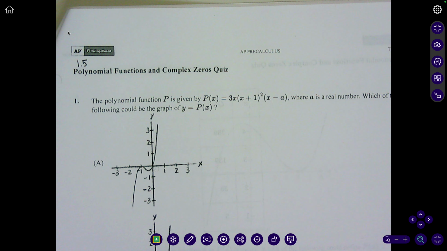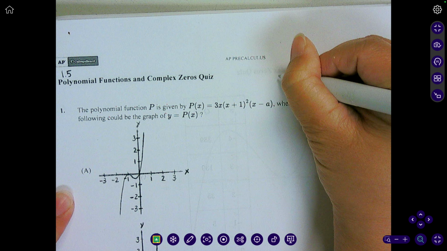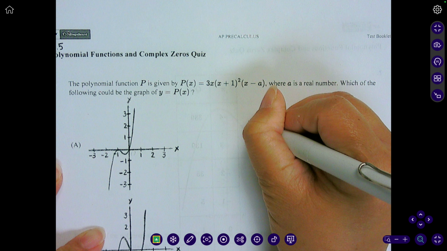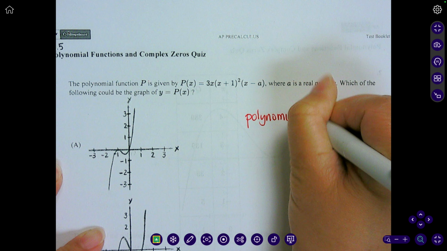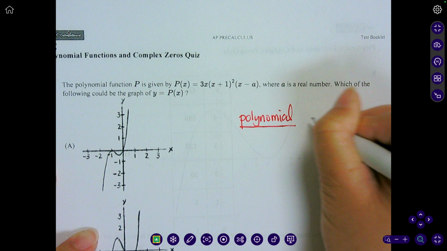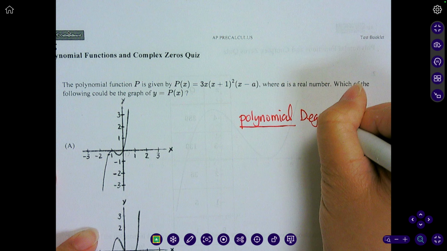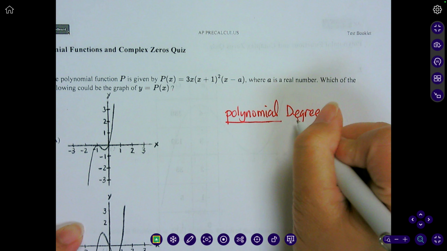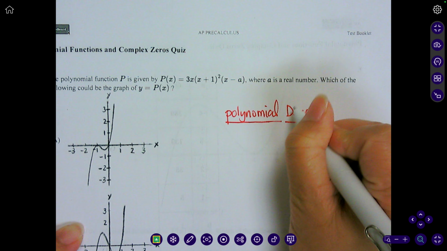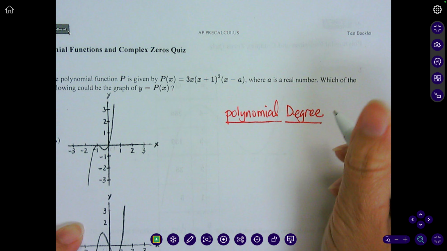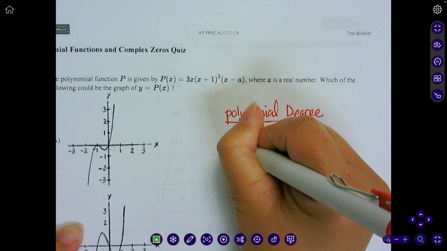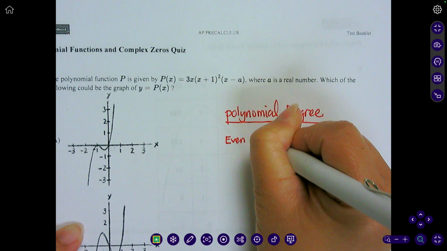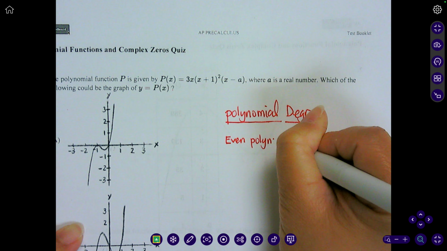Let me give you a hint. I'm going to write right here. When you have a polynomial, it is important that you know the degree. The degree is the highest exponent that you're going to have. So if your degree is an even degree, we're going to call it an even polynomial. I don't say even function. That's different, okay?